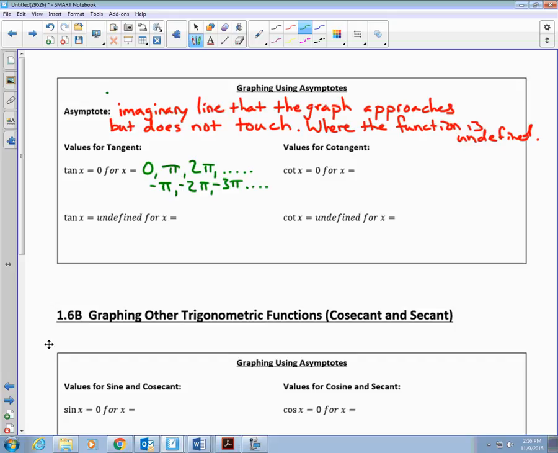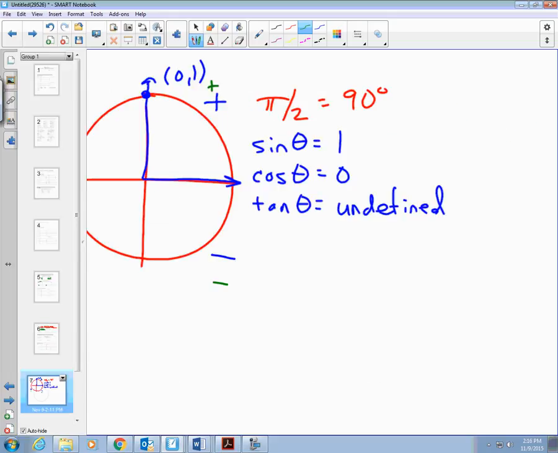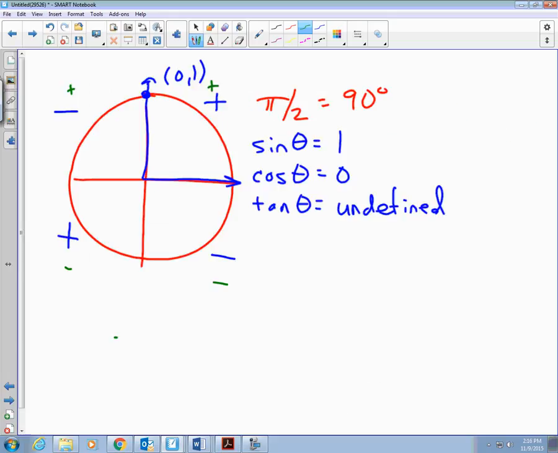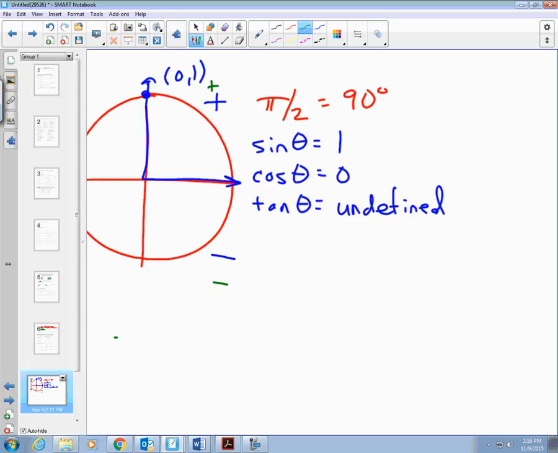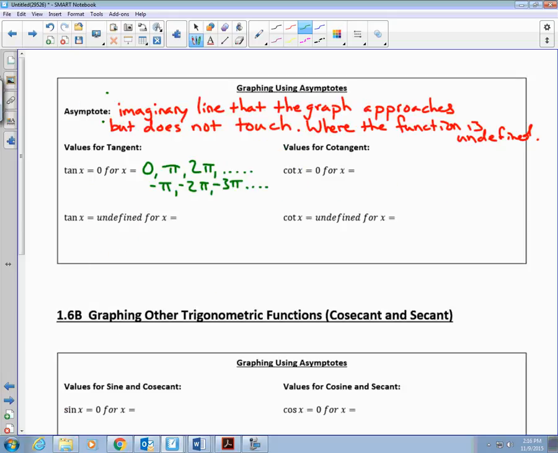But it was undefined. Do you remember what value we looked at? The tangent was undefined that I showed you? What theta value is tangent undefined for? Pi over 2. So what we've learned is that tangent is undefined for values halfway in between. What's halfway between 0 and pi? Pi over 2.